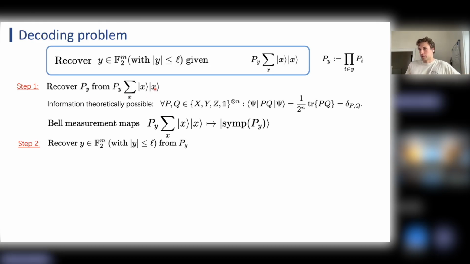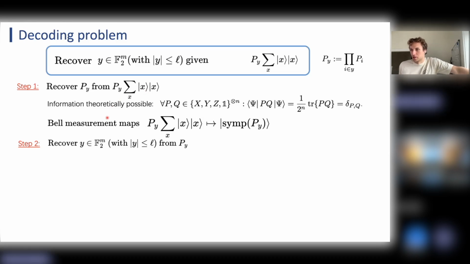It's easy to do again because of nice properties of this maximally entangled state. The first nice property is, if you have any 2 n-bit Pauli strings and you apply them to the first half of the maximally entangled state, you will always get orthogonal quantum states. This means that information theoretically this problem is solvable, because for different Paulis, these are always distinguishable quantum states.